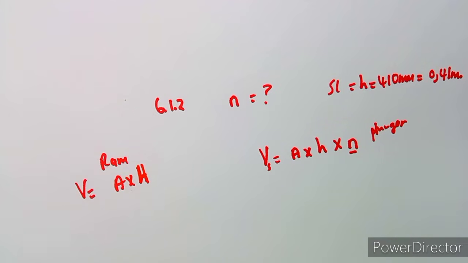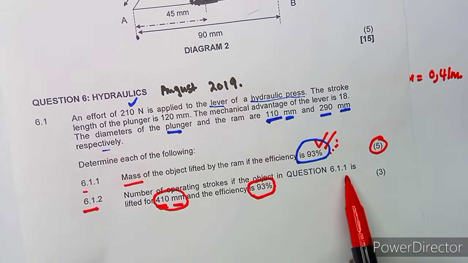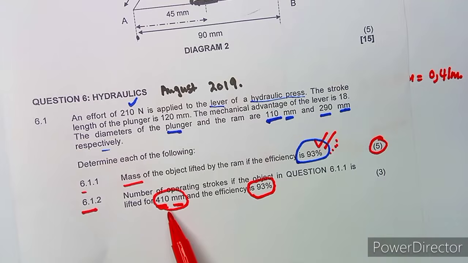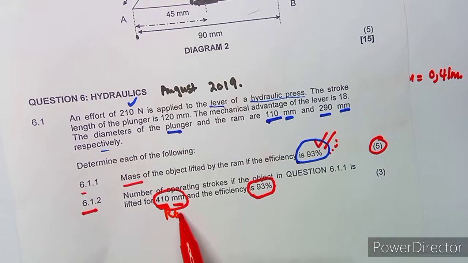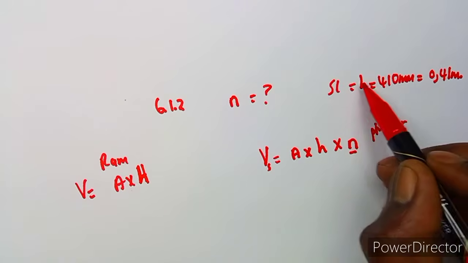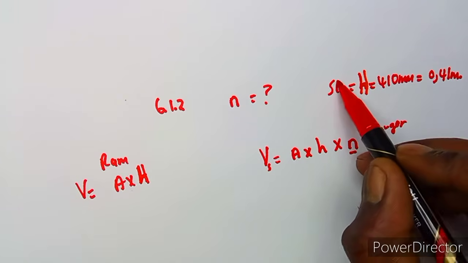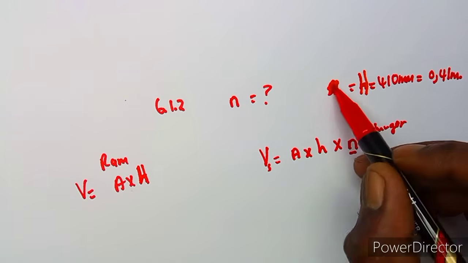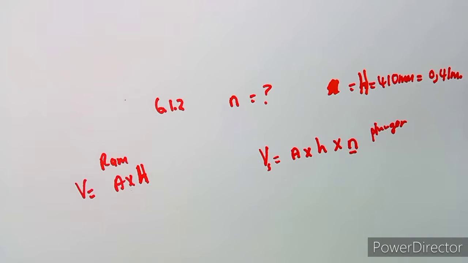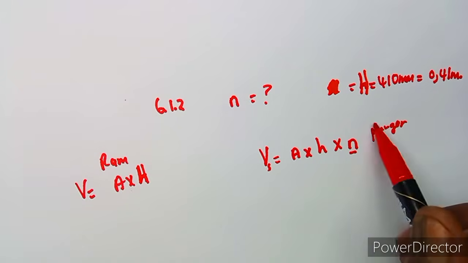Are we given the height that is going to affect the ram? Take note, guys, what is lifted is the ram, not the plunger. This is the ram that is being lifted. I hope someone saw this and was like, what is this guy doing? All right, so this is the height that you're already given there.